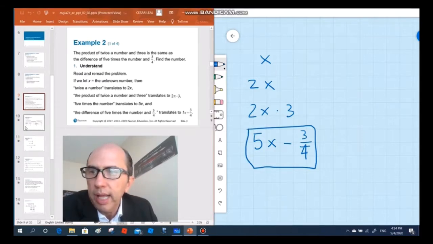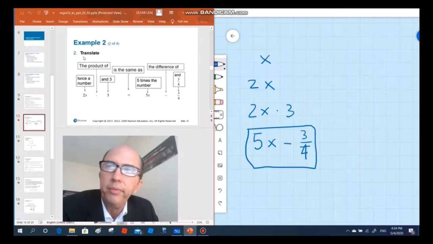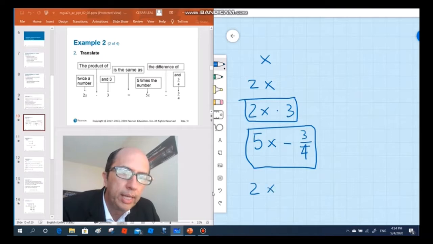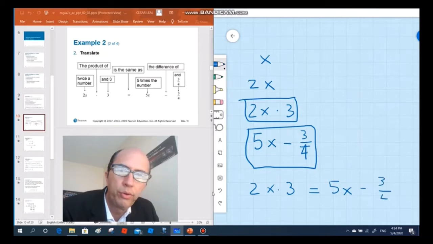So next thing, translate into an equation. We have twice the number here, 2x times 3. This is going to be equal to 5x minus 3/4.